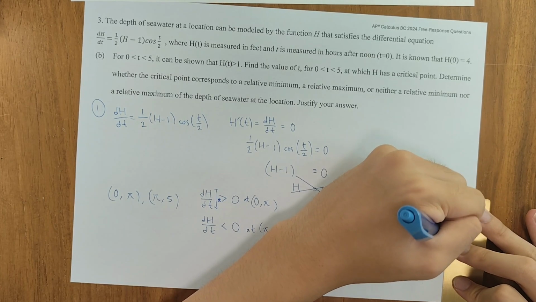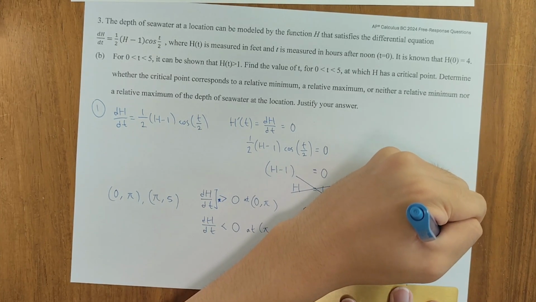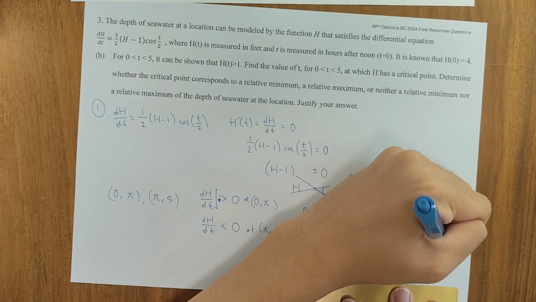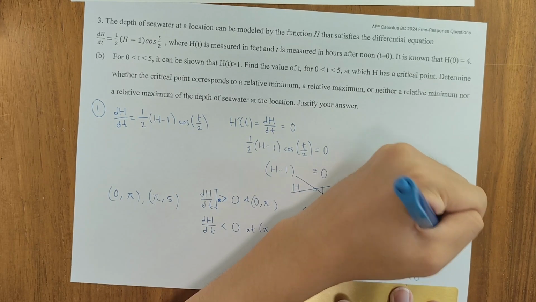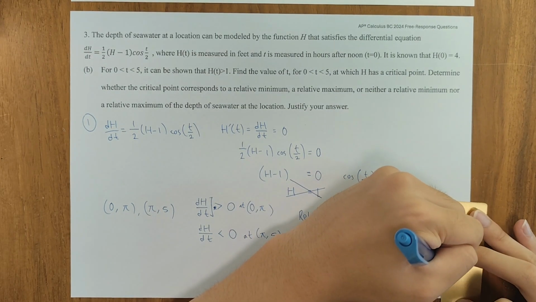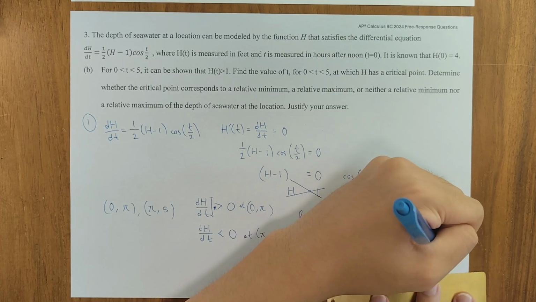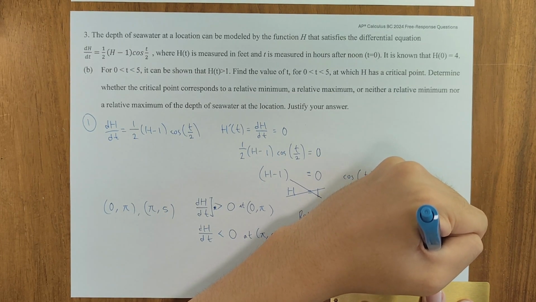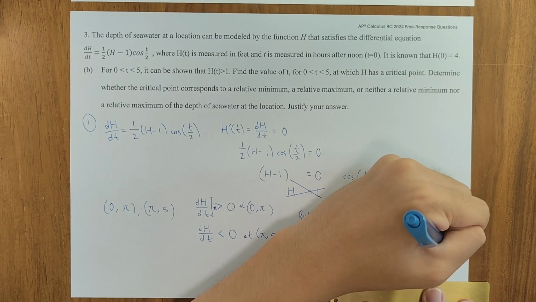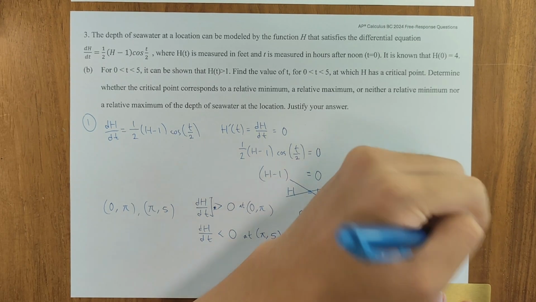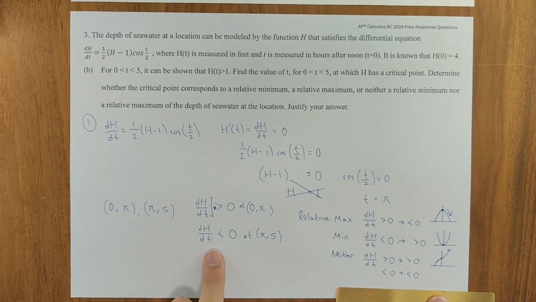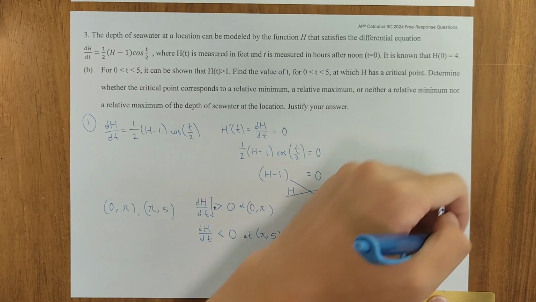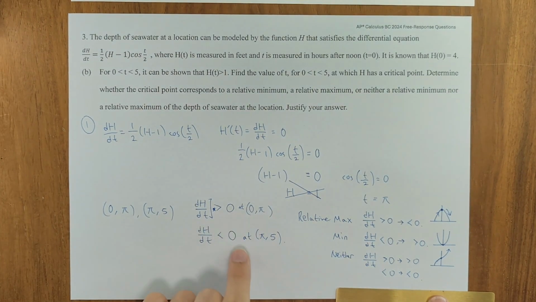A minimum is when the slope changes from negative to positive. There's a minimum here. Neither means it does not change, so it goes to a positive slope again. So there's neither a maximum nor a minimum here. In this case, it changes from positive slope to negative slope.